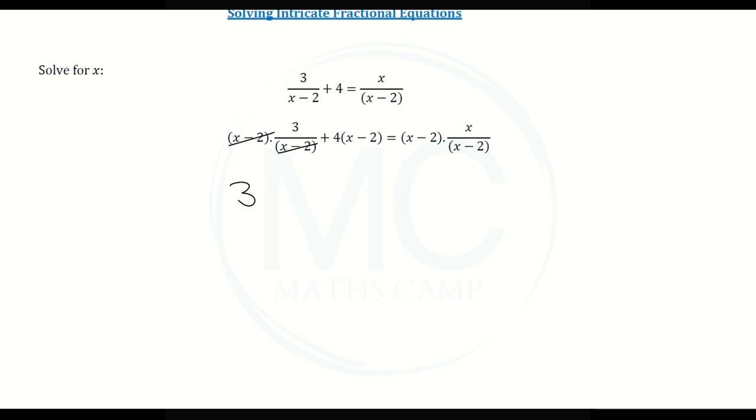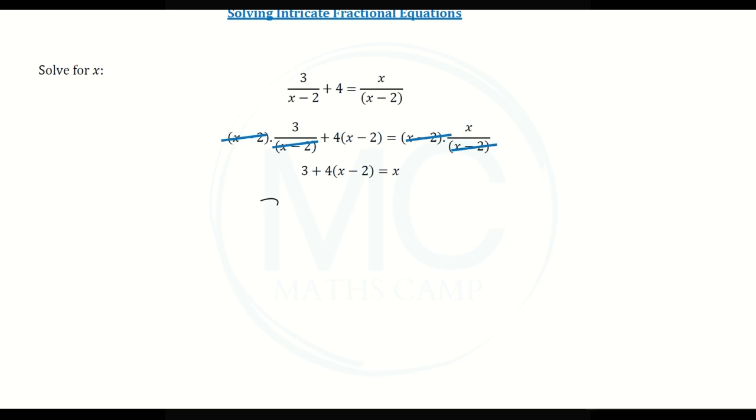Here we have 4 multiplied by the bracket x minus 2. So for now, I'm just going to leave it as positive 4 multiplied by x minus 2. We have our equal sign. On the right-hand side, we've got x minus 2 and x minus 2, which will cancel again, and we're left with x. And now we can expand our bracket.